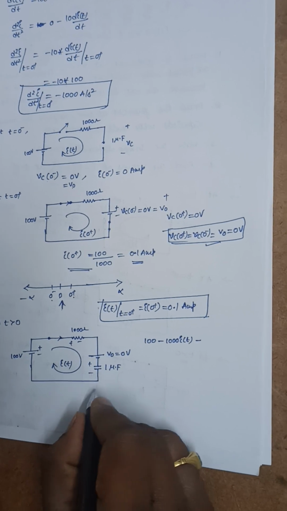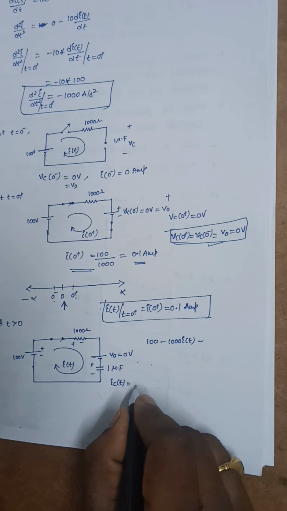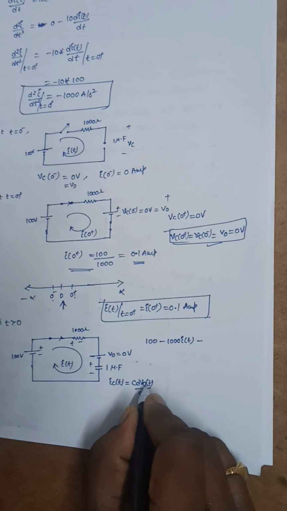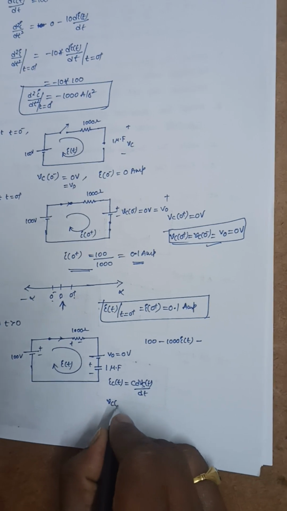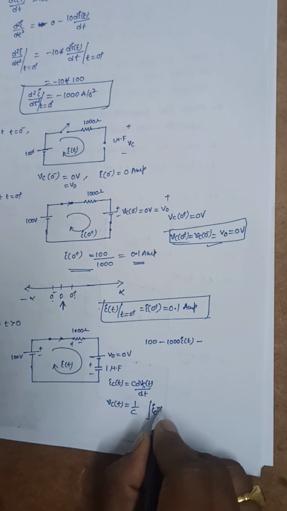The current flowing through the capacitor we can calculate as IC of t equal to C into dVc of t by dt. And if you want to find the voltage across the capacitor, Vc of t is equal to 1 by C into integral of IC of t dt.